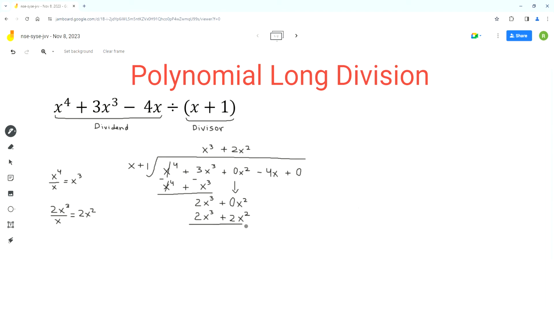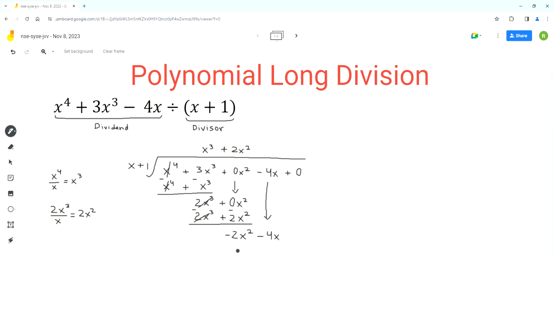Now we can subtract these terms. The 2x cubed terms cancel each other out. For x squared, we do 0 minus 2 and get negative 2x squared. Now we can bring down our next term, which is minus 4x.